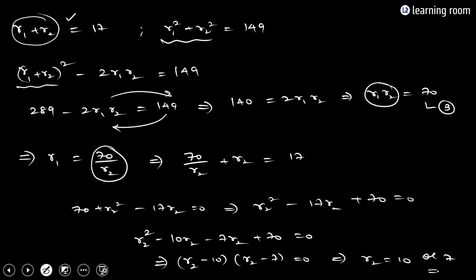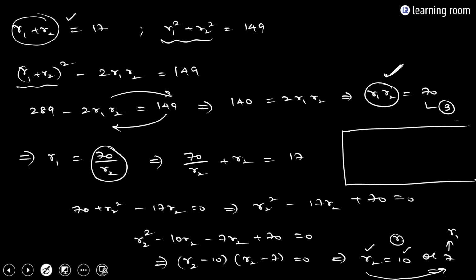So the meaning of this is, when R2 is taken as 10, then R1 will be 7. If you take R2 as 7, then R1 will be 10. Because that is what this product tells me. So what they asked, they didn't ask the radius of the corresponding circles because we don't know which one is smaller and which one is bigger.